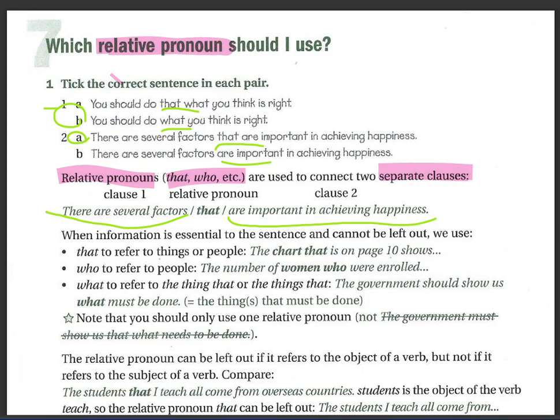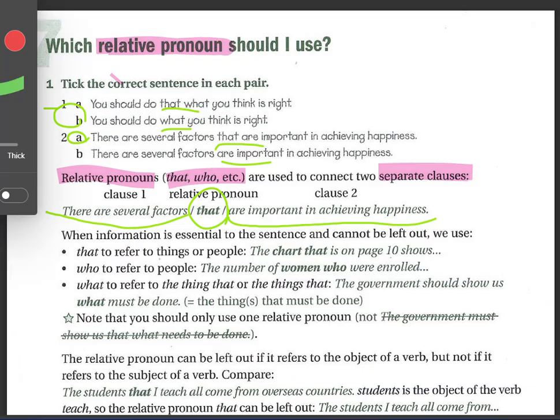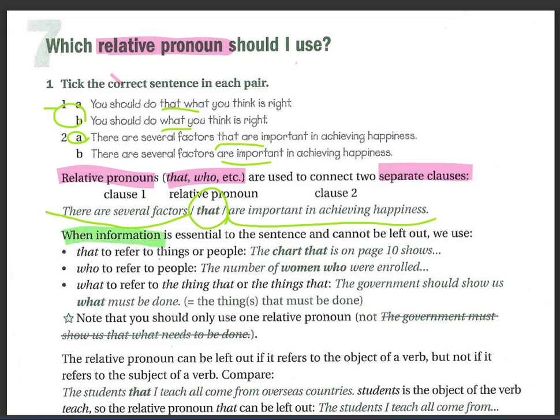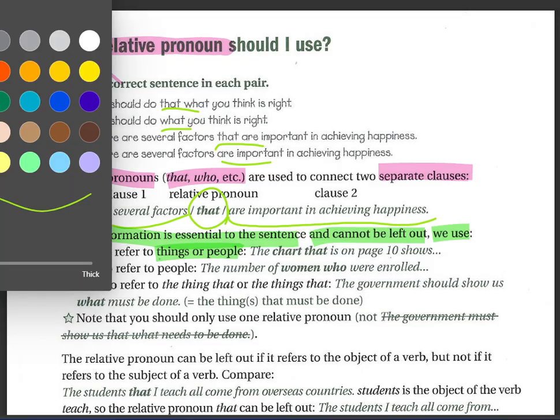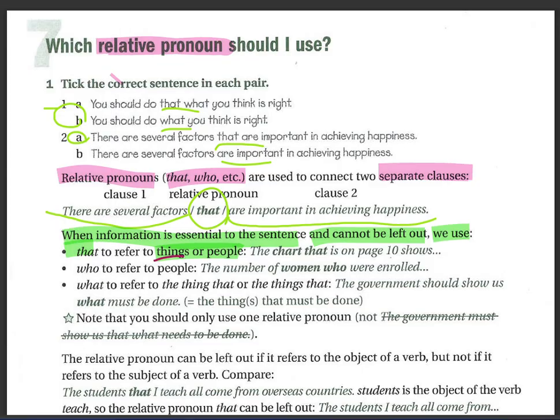So, we connect two different clauses with relative pronouns like that here. When information is essential to the sentence and cannot be left out, we use that to refer to things or people. So, that is used for things and people.